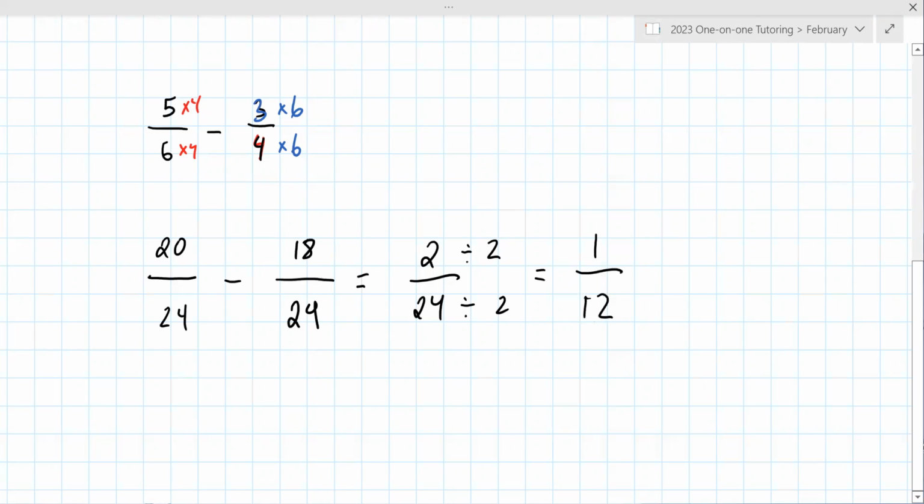Okay, so let me give you one here to try on your own. Let's go 4/5 minus 2/3. I try this one on my own, right?